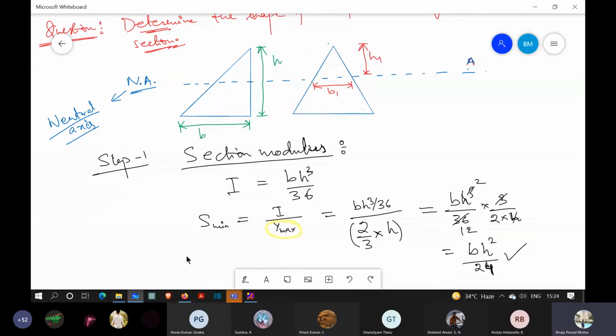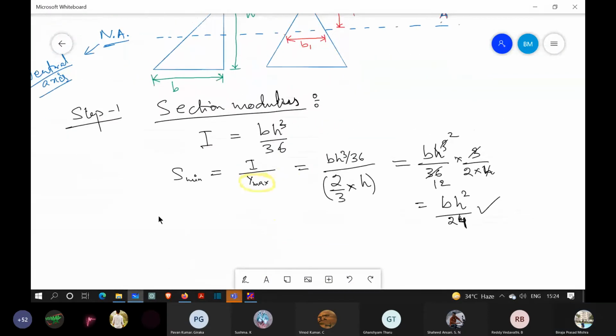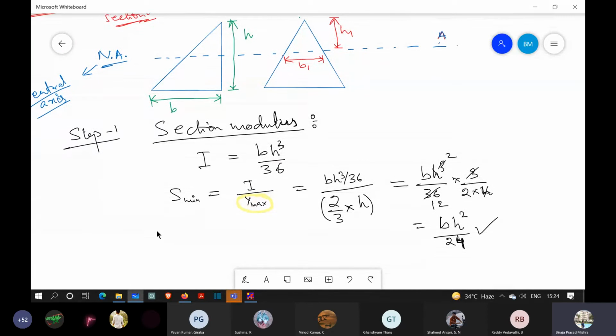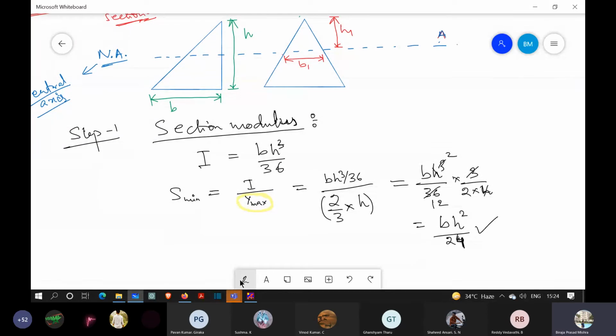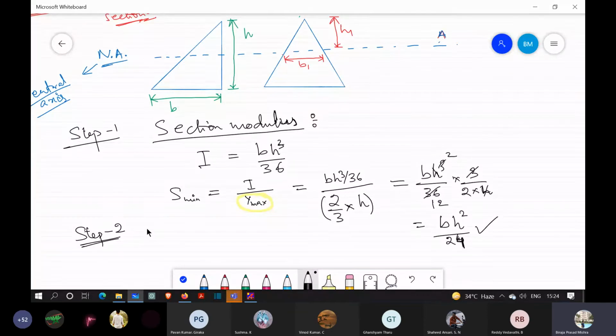Now the second step, step 2, is the plastic modulus. Before I go to the plastic modulus, let me show that this one is the same base.